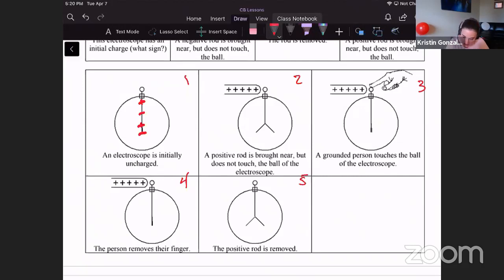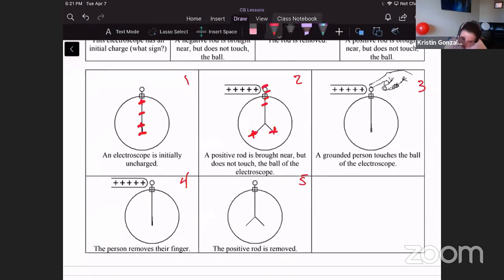Well, that means I have electrons moving up close to that rod on that metal top part. For me, it's the little curly Q here, but a lot of times you'll see a metal sphere on the top of an electroscope. So negative charges are building up here. What do we have left then? Well, we have a net positive charge on the leaves, and so those leaves repel because they have a net positive charge on them.